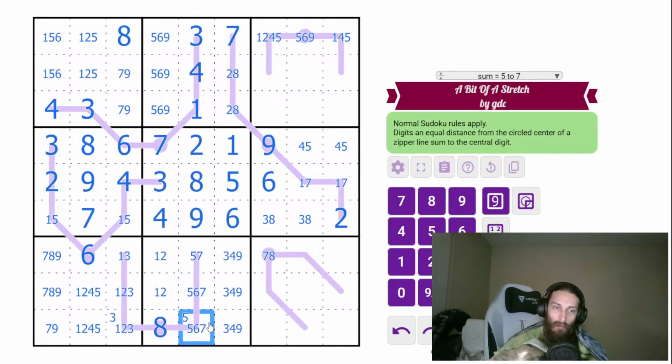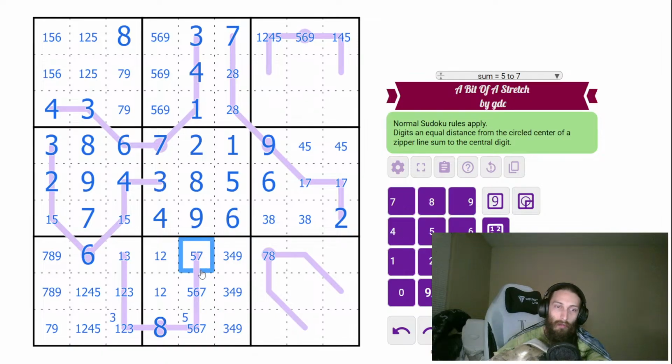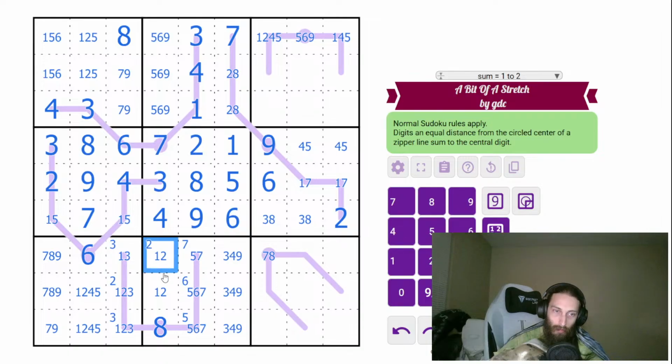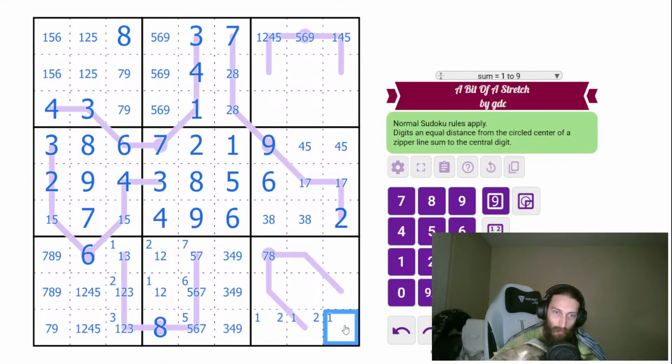That would have to be 3. And you have 7, 6, 2, 3, 2, and 1. Well, no, you've got 2 3s in the. Yeah. That would make this a 7, so you'd have to have 8.